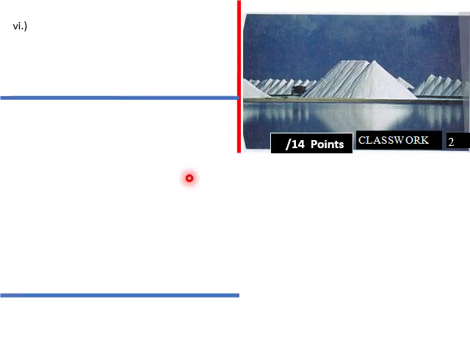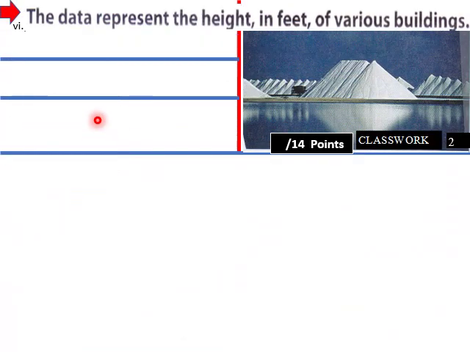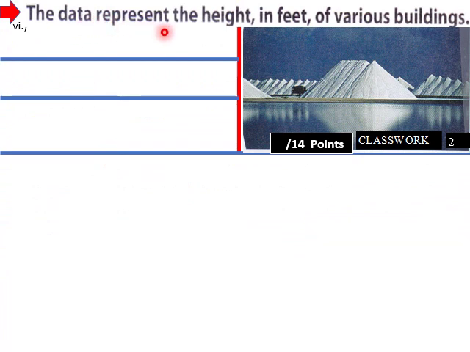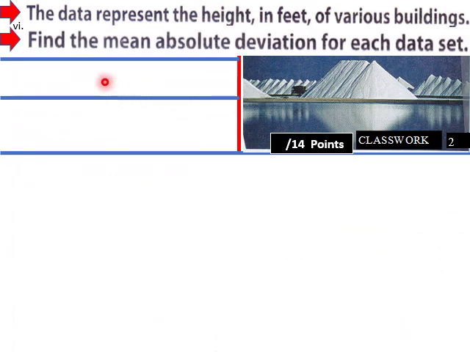So to start this out, we're going to start off here with a problem. The data represent the height in feet of various buildings. Find the mean absolute deviation of each data set.